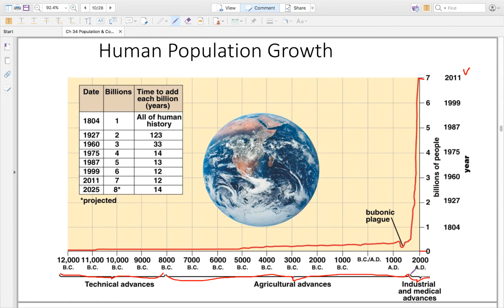Now, what saved us, what changed everything, was the medical advancements that we have found. We've had the discovery of antibiotics, so bacterial infections are treatable. We have had, of course, vaccines for the measles, mumps, whooping cough, and these terrible, terrible diseases that were wiping out humanity.